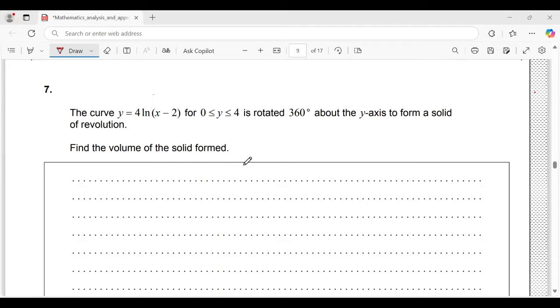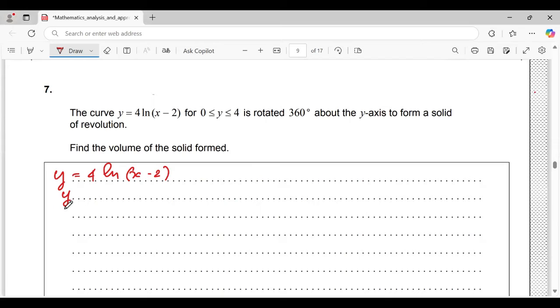Find the volume of the solid formed. So this equation, y equals 4 ln x minus 2, y is the subject. Now we are going to change it so x is the subject.